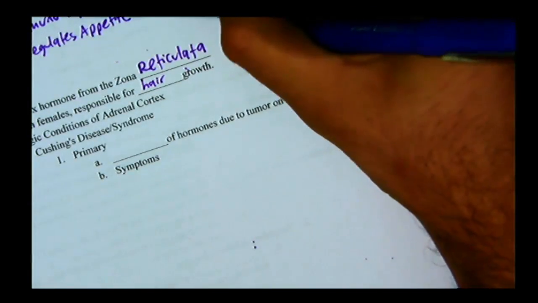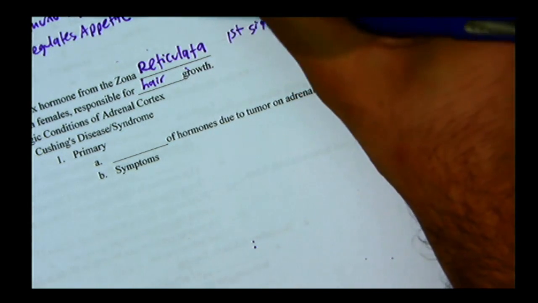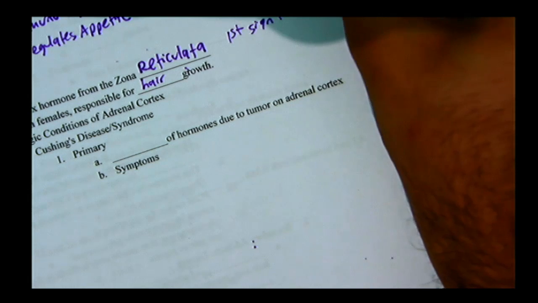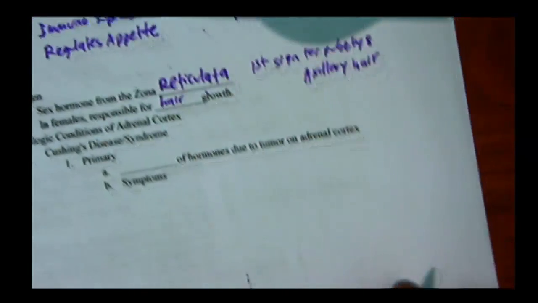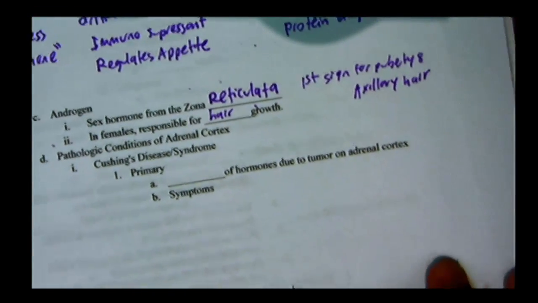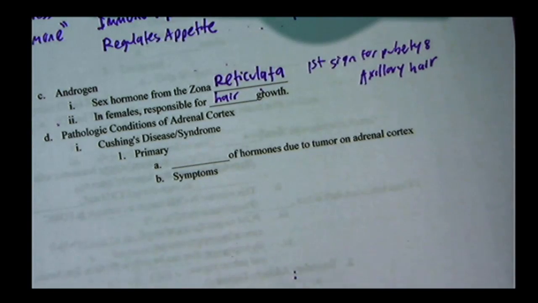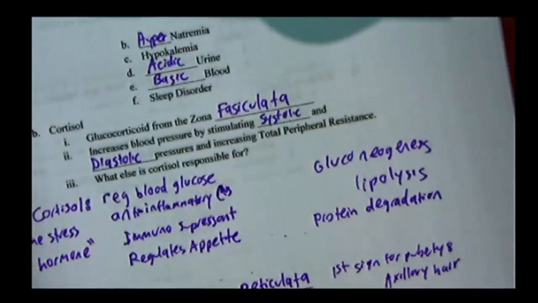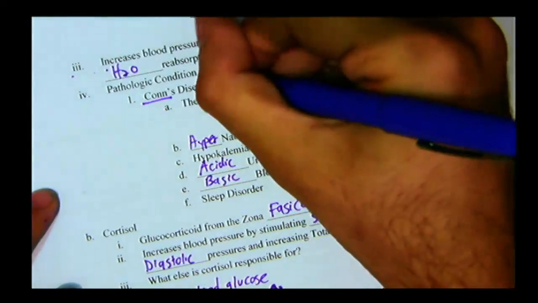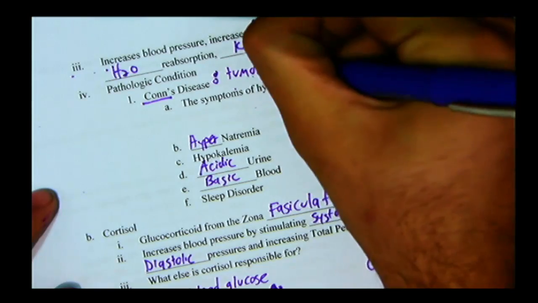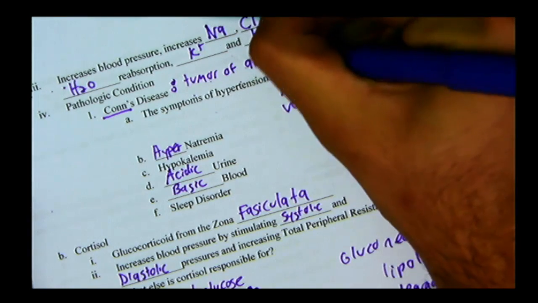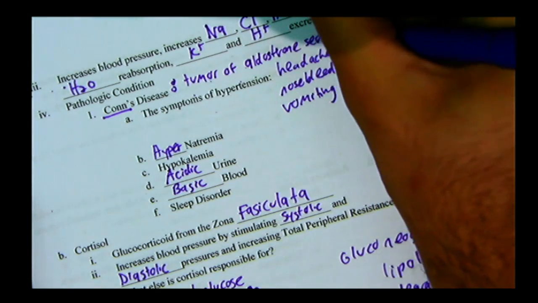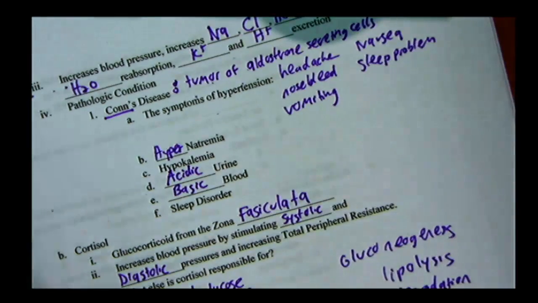Cool. So now we're at the pathological conditions of the adrenal cortex. I forgot to say this: while Conn's disease is a tumor specifically of the aldosterone secreting cells, the zona glomerulosa, Cushing's is a tumor of the whole adrenal cortex.